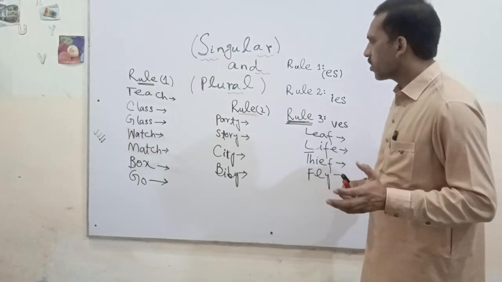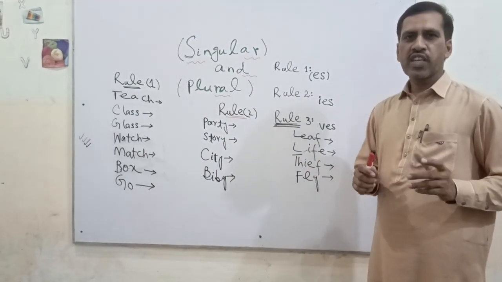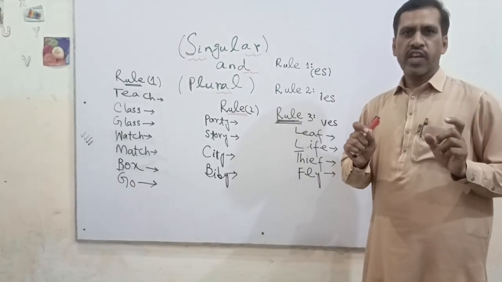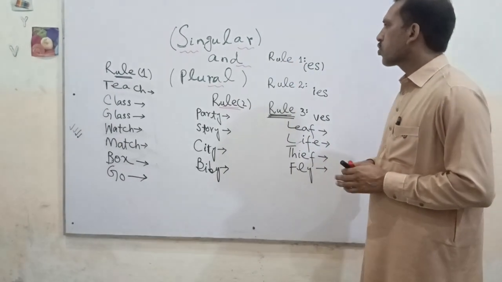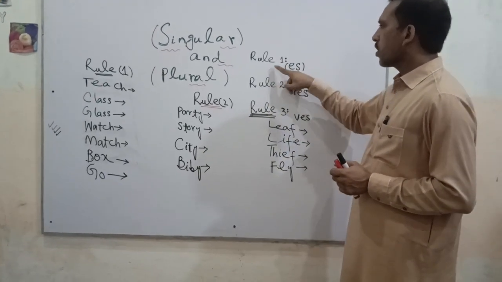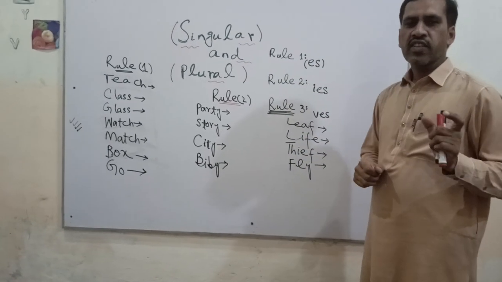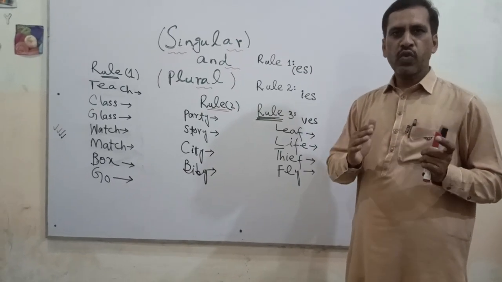So in this class we will discuss three major rules on how we make plural from singular. Rule number one is that we add es to make plurals from singular.